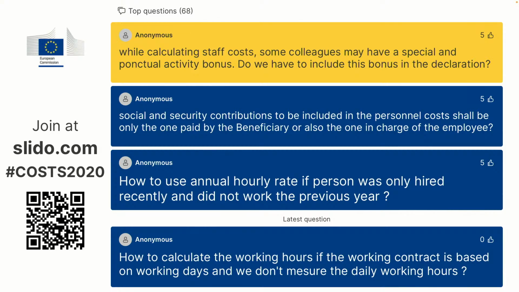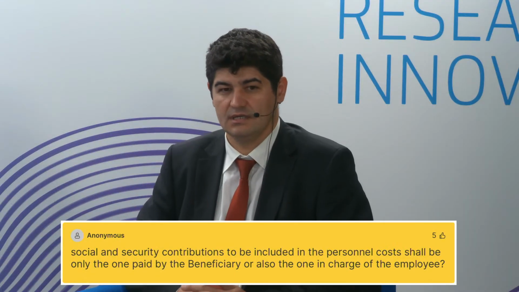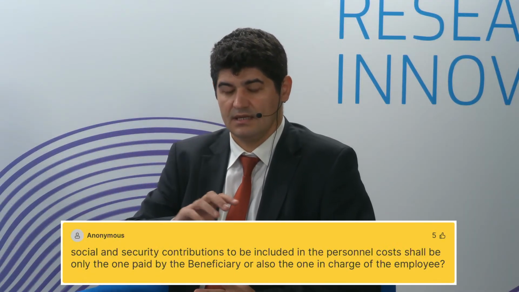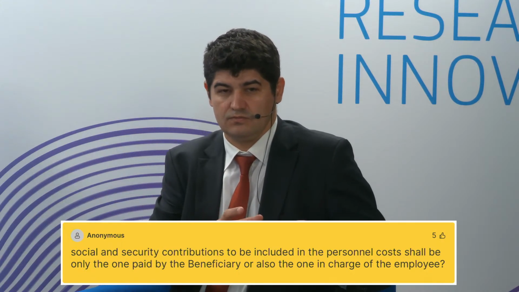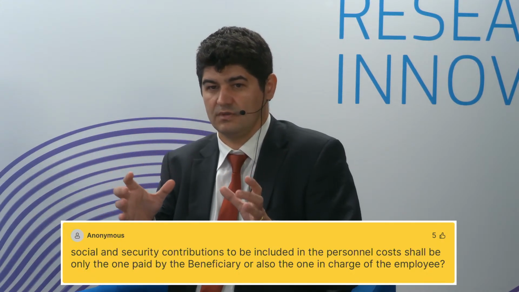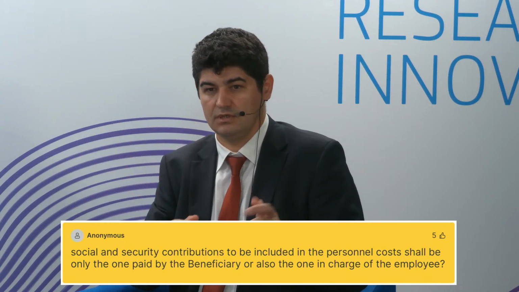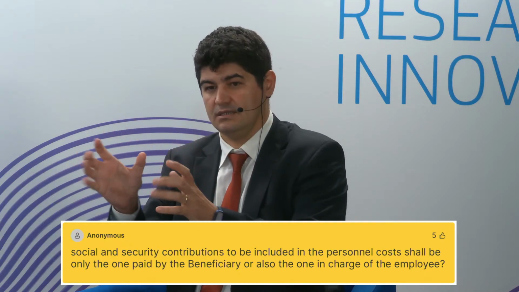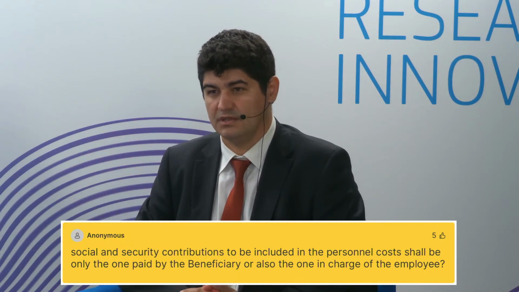So the employee's part, which is included in the so-called gross salary or brut salary, and the employer's, so the beneficiary's part as well. Basically, what we consider for the total cost of one person is the brut salary, including the employee's social security, and the employer social security, so the one that is paid by the beneficiary itself.